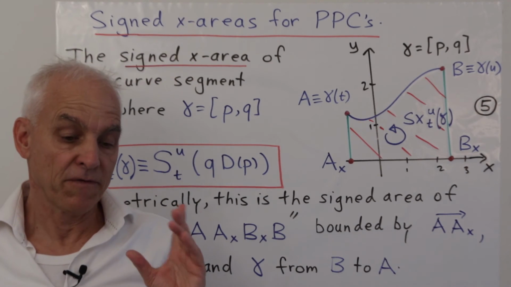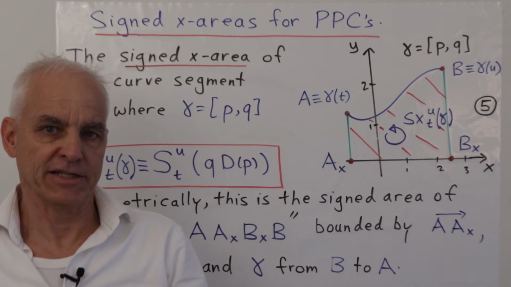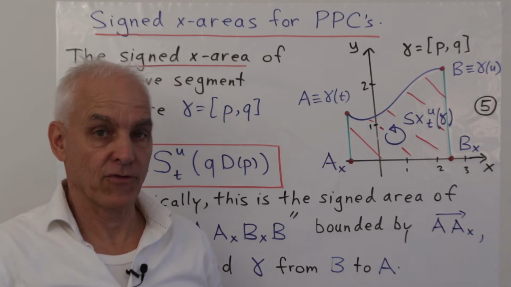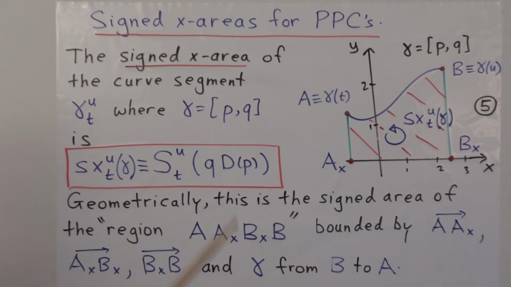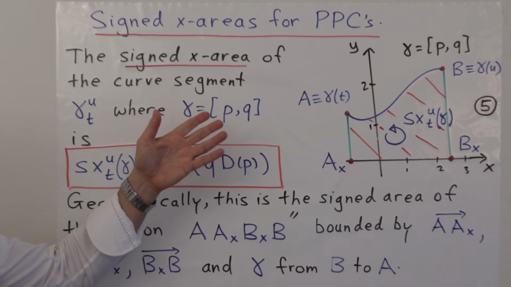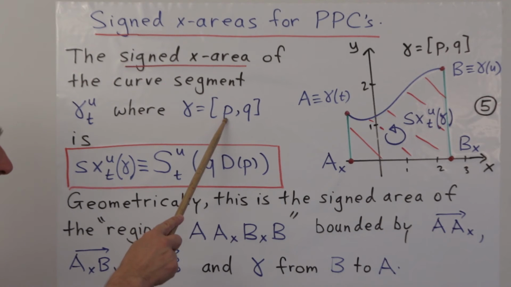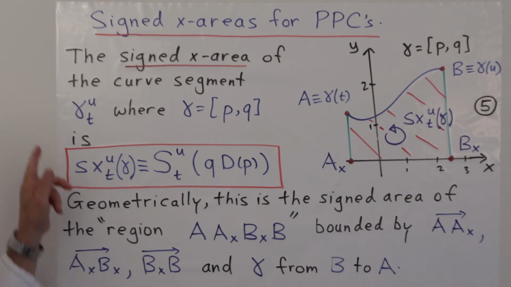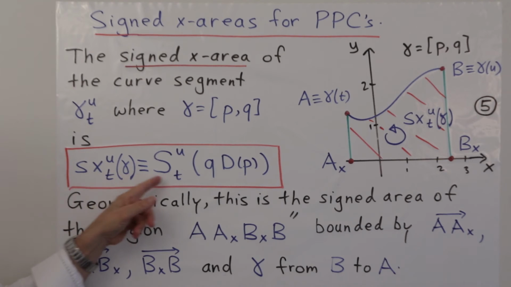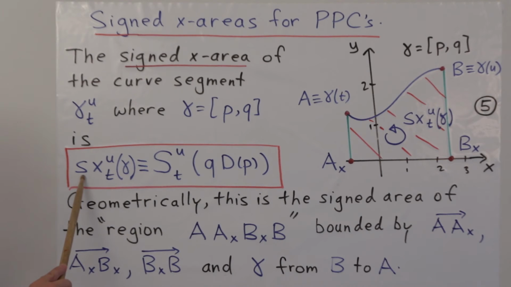So now we're going to officially introduce signed x areas for polynomially parameterized curves. We'll say that the signed x area of the curve segment gamma from t to u, where gamma is a polynomially parameterized curve given by p comma q, is expressed this way. We write Sx from t to u.